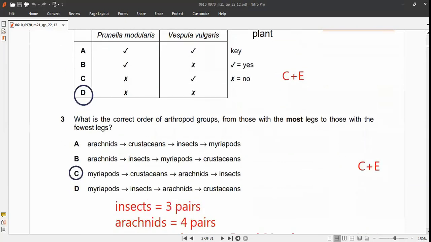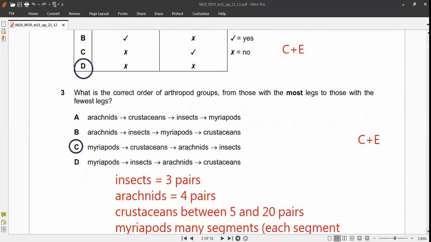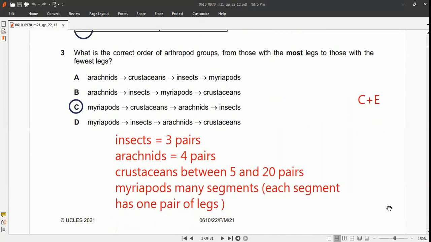Question number 3. What is the correct order of arthropod groups from those with the most legs to those with the fewest legs? From most legs to the fewest legs, descending order. Let's revise this part. Insects have 3 pairs.